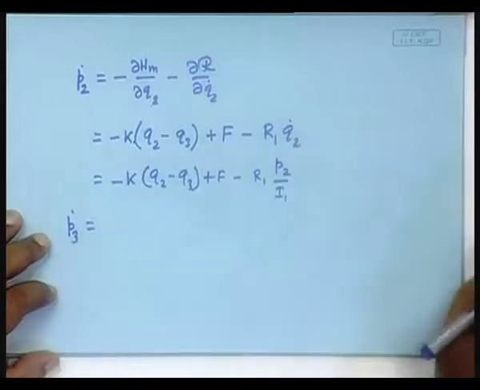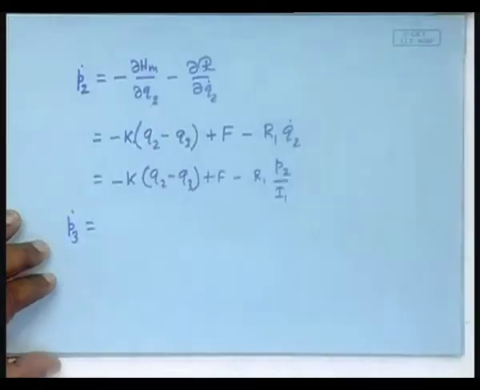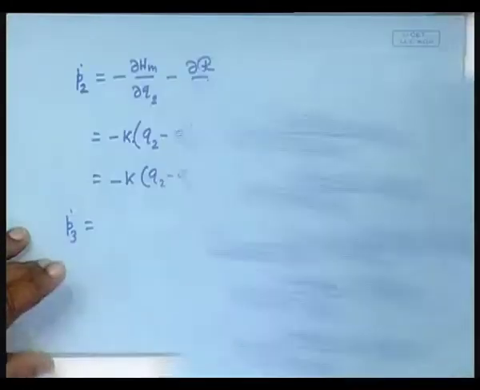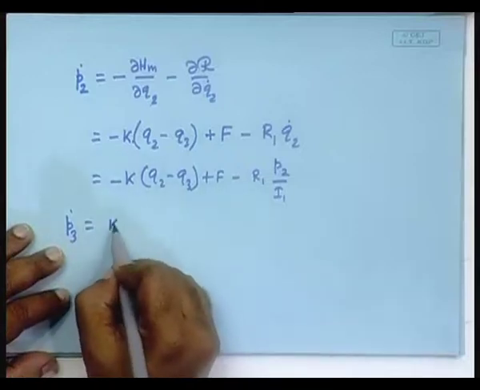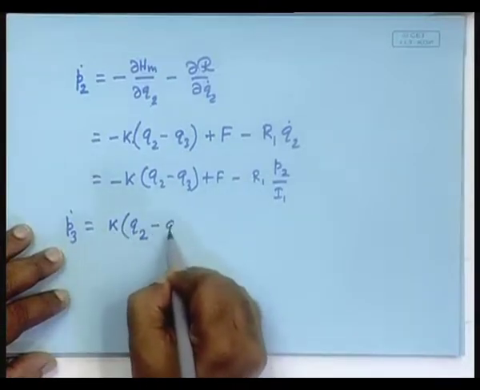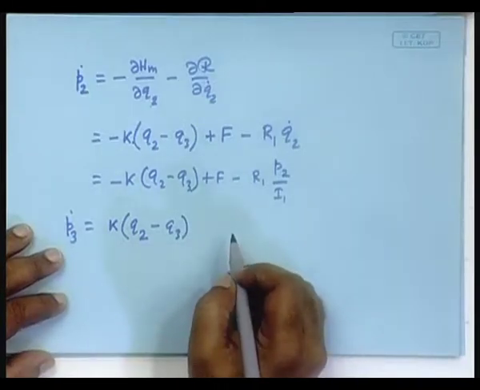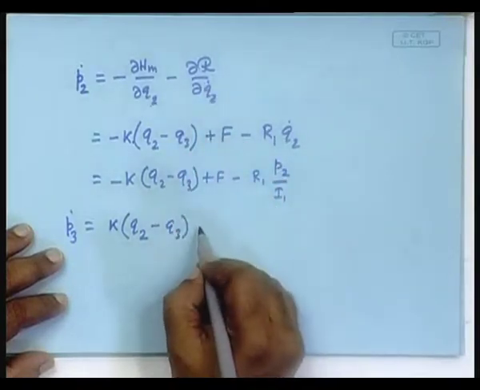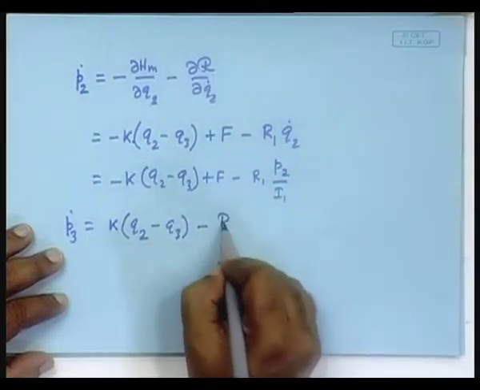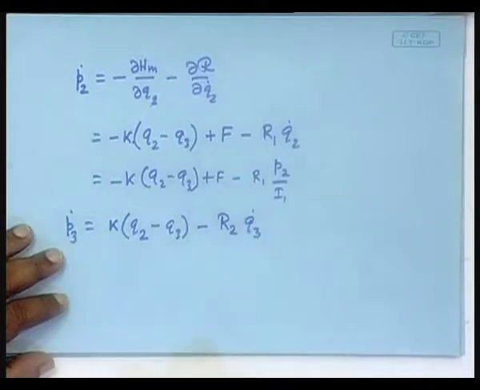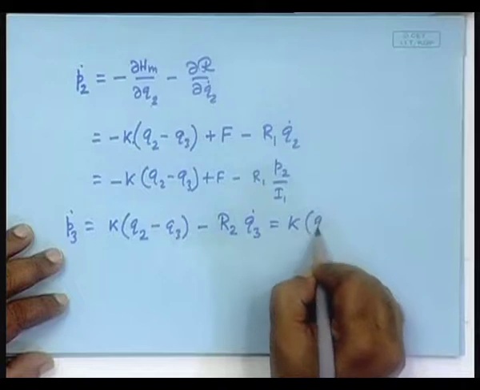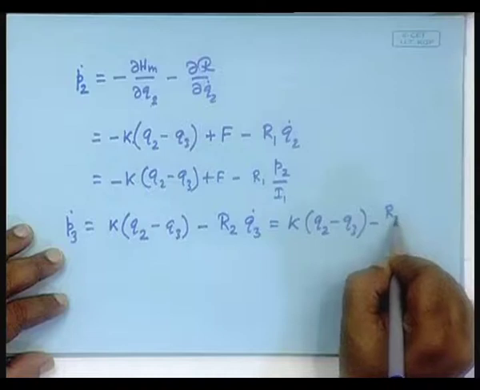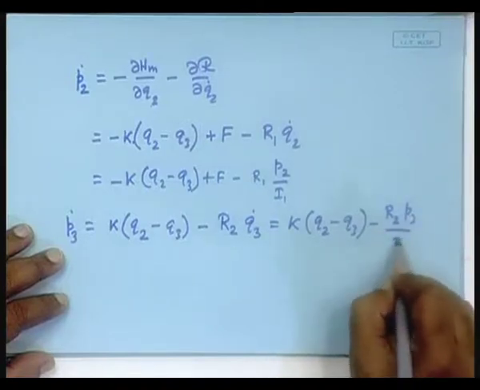So, this remains only, it will be k (Q2 minus Q3), and this relative term will remain, that will be minus R2 Q3 dot, which you can now substitute as R2 P3 by I2, done.